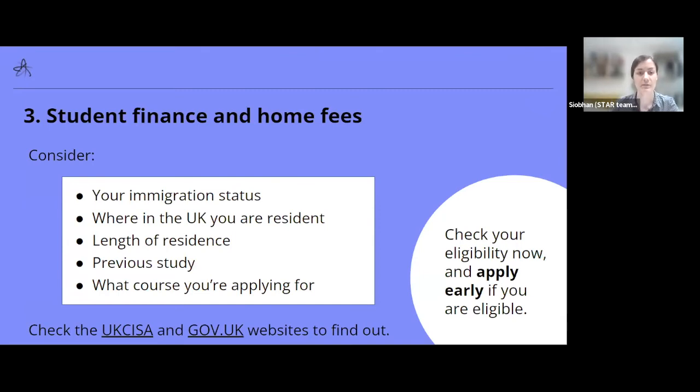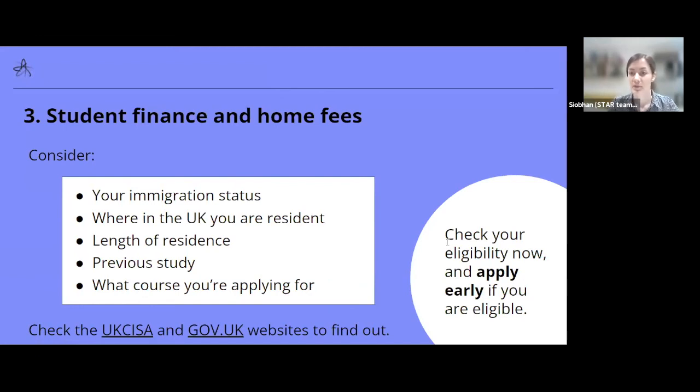And if you're applying for an equivalent level qualification in the UK to one that you already hold, so if you have already done a bachelor's degree overseas and you want to do another one in the UK, you might not be eligible for a student loan unless you meet one of the requirements. There are certain subjects that are excluded from that rule. It also varies depending on what course you're applying for, whether it's part-time or full-time.